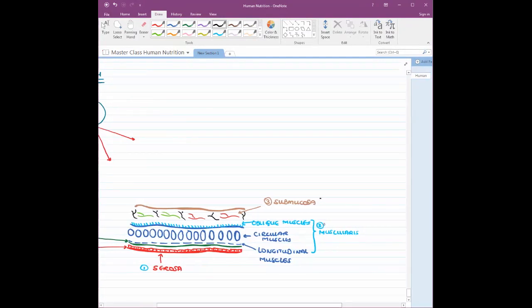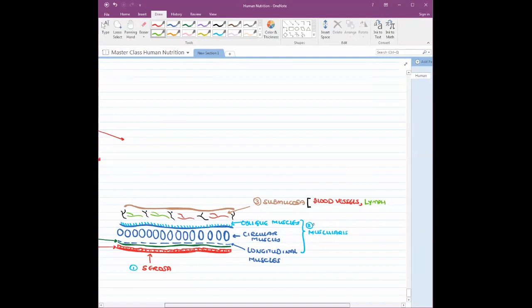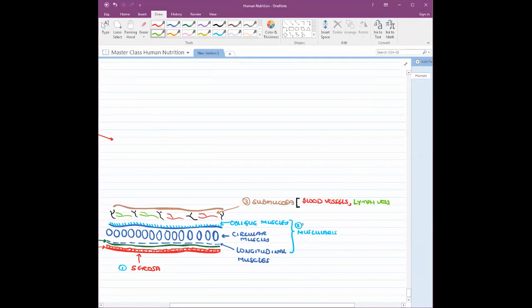So, guys, in your submucosa, what are we going to see? First, it is embedded with blood vessels. Second, it has your lymph vessels. And third, we have your nerves. Okay, very important.